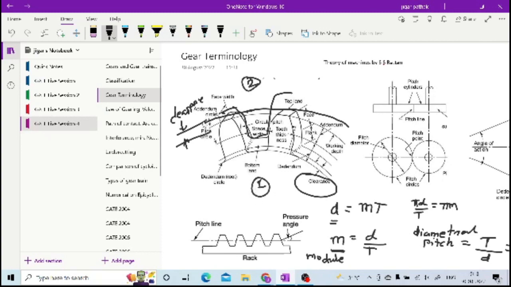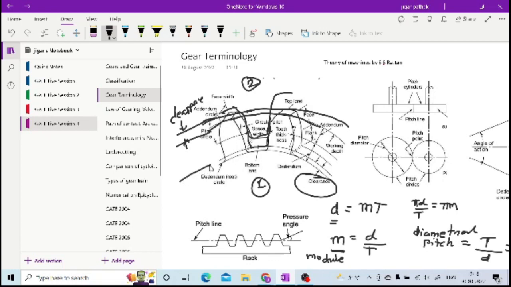So this is the base circle, or what we can say the dedendum circle. And this circle is in contact with the addendum circle of the other gear, while here it can go up to this clearance. So up to this point it can go.